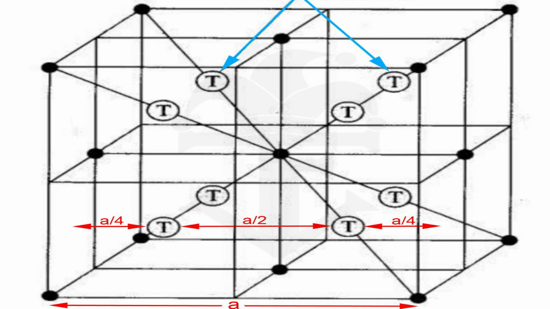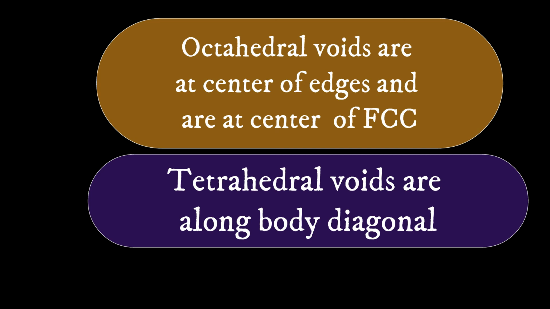From the left face, the distance of the tetrahedral void is a by 4, and from the right side face the distance is also a by 4, and between the two voids the distance is a by 2. What is a? a is the unit cell parameter, the length of the cube. And what about the octahedral voids? Where are they located? They are located at the center of the edges and at the center of the FCC.